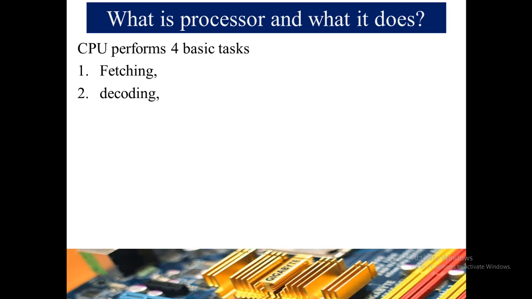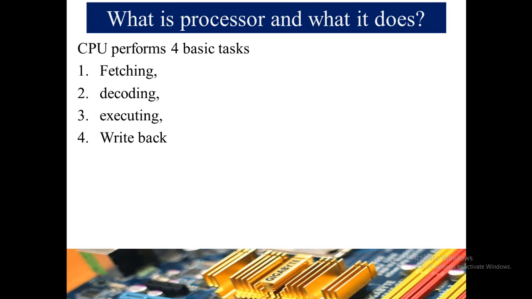So the processor, using the ISA, decodes the instructions into low level language so that the processor can understand it and perform actions according to the instructions. After that, it executes the instructions. It performs the operations on the operands. And finally, after the execution, it writes back the result and saves it into the memory. So these are the 4 main basic tasks that a processor performs.